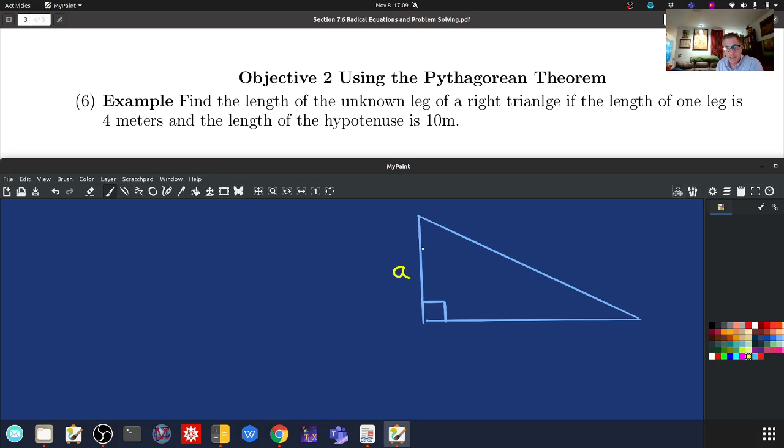So I'm going to let A represent the length of one side of my right triangle, and B represent the length of the other. So you have three sides of a triangle, always. 3 angles implies 3 sides. The sides that are adjacent to the right angle, so this square right here is what indicates to you that this is indeed a right triangle, they're called the legs.